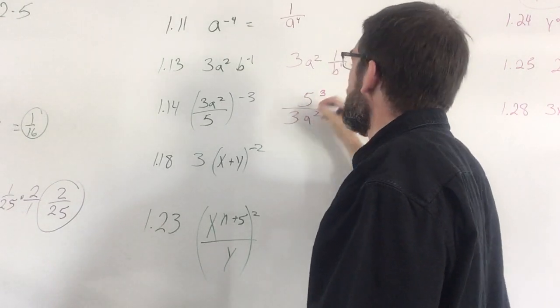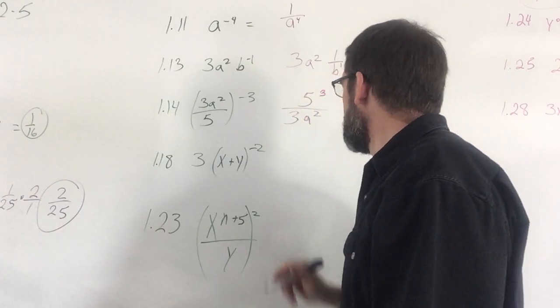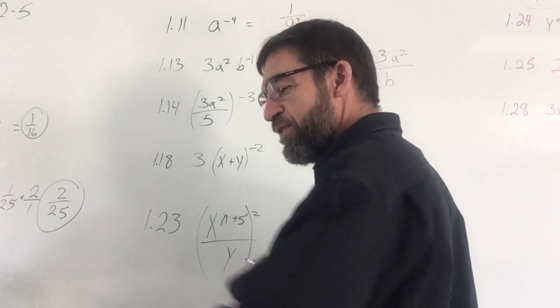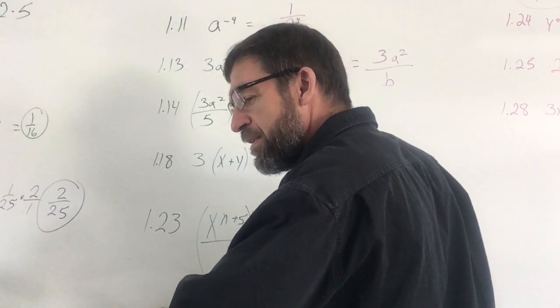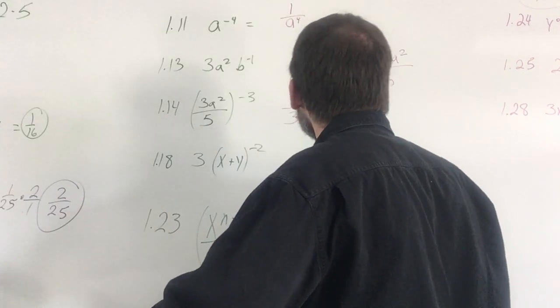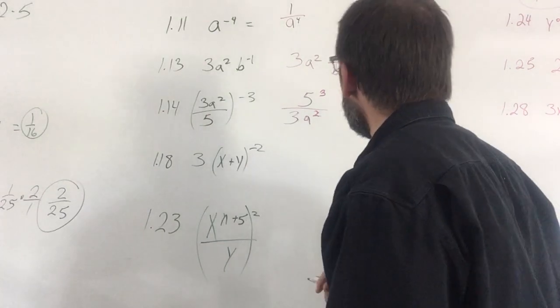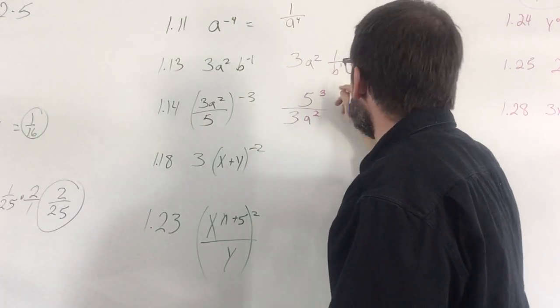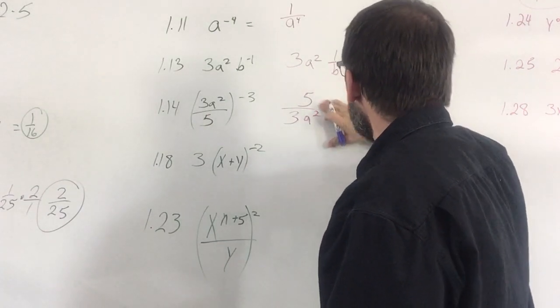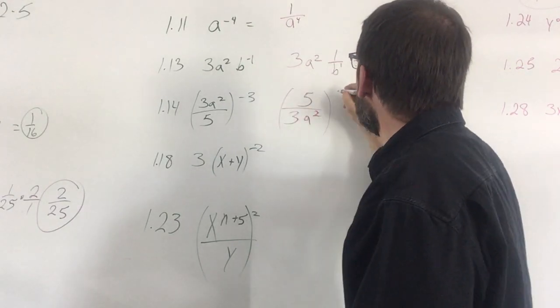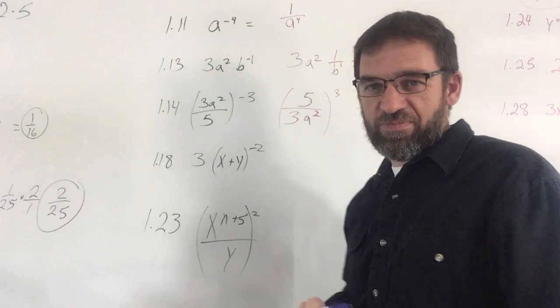5, 3, and over a squared. I better check that one on 1.14. Is going to be, oh no, I can simplify this some more. I got in too big a hurry. Now I've got a positive 3.